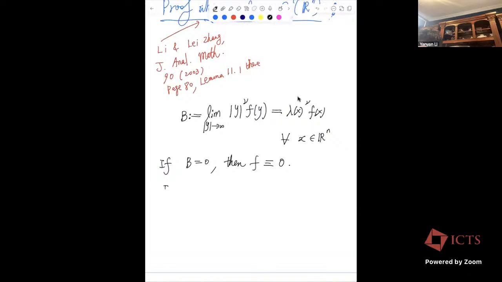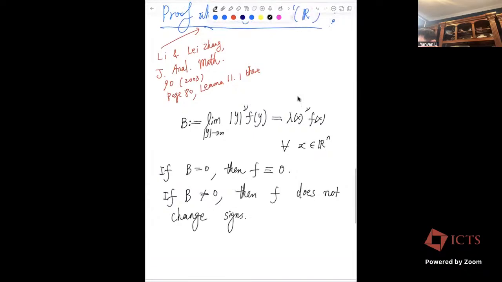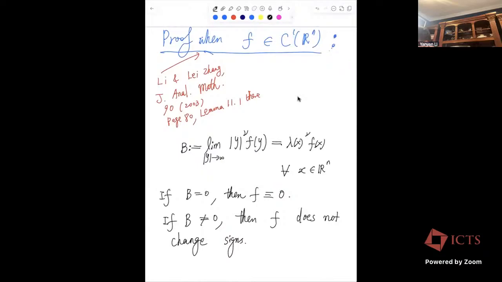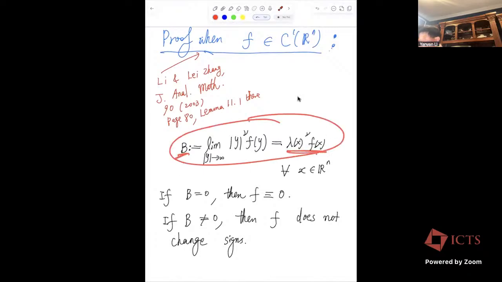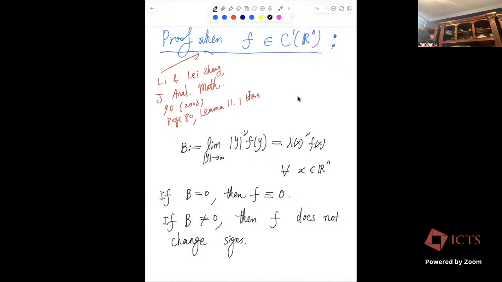Otherwise, if b is not equal to 0, then f does not change sign, because you see from here this is always equal to the sign here. So it's either positive or negative.